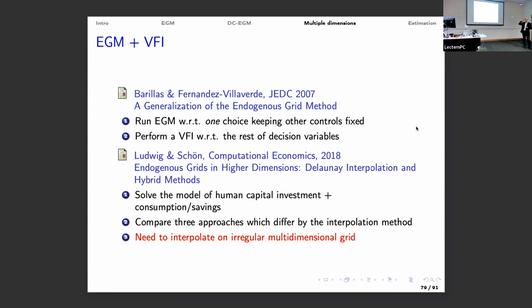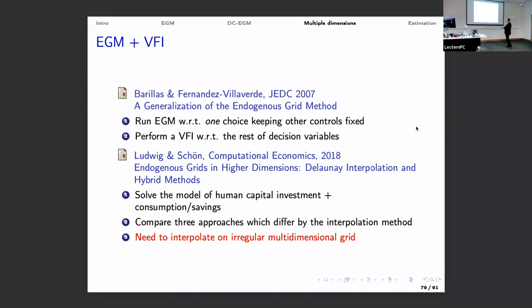For their particular example, it turned out that the VFI with respect to, I think, labor supply was converging very fast. And then all the action was on the side of the consumption savings, where EGM was applicable. And this transition between the two solvers did not have to happen too many times, because that's the overhead now.